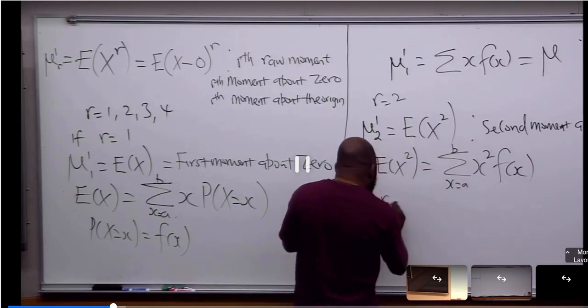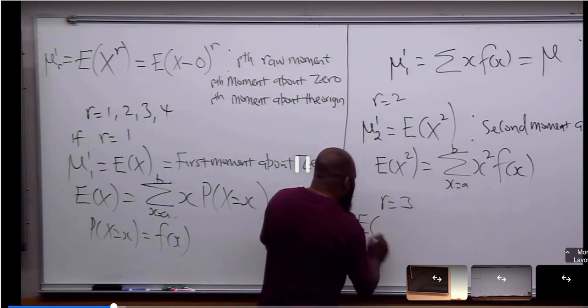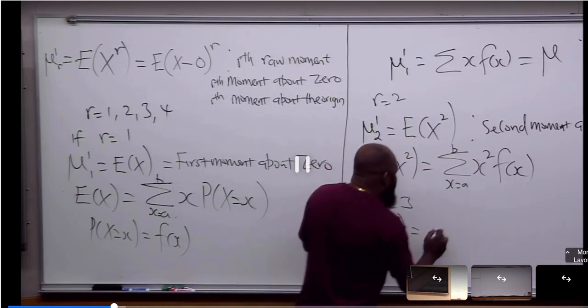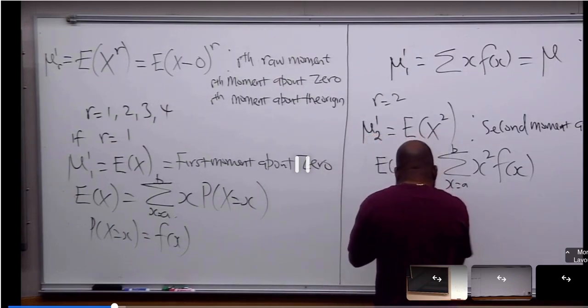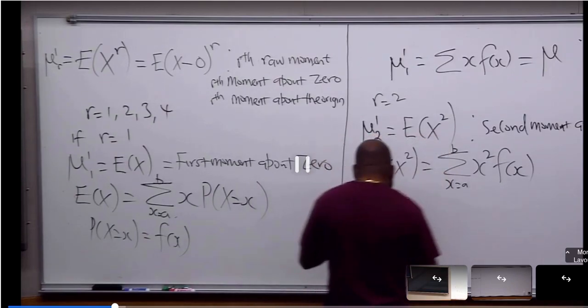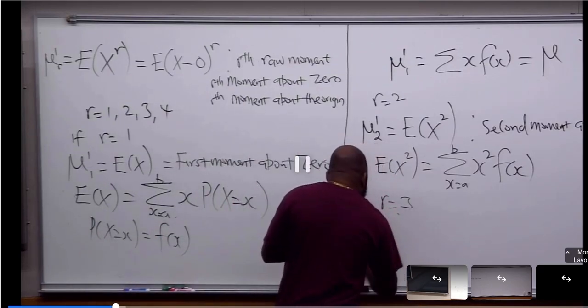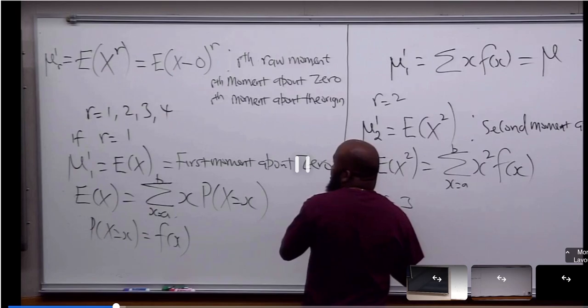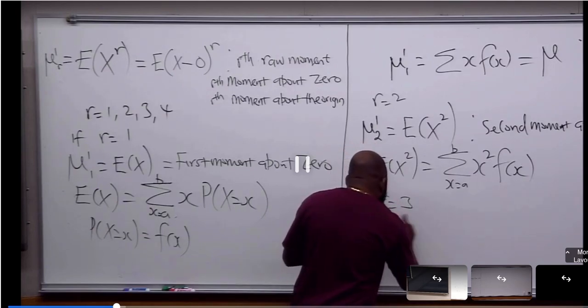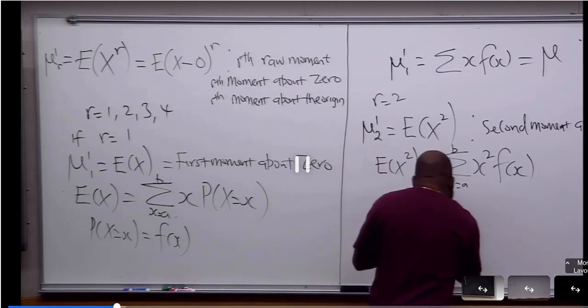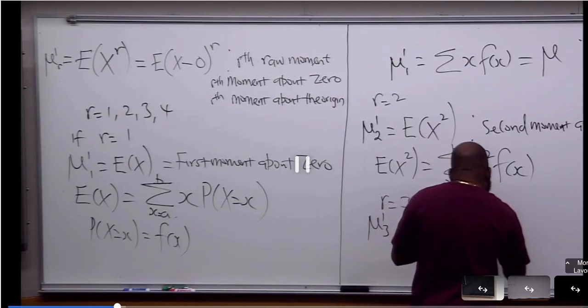Now I can decide to go all the way. This is the third moment, the expected value of X cubed, which is going to be that.